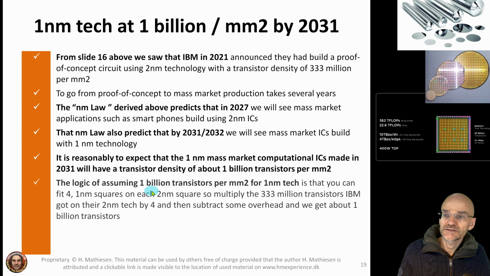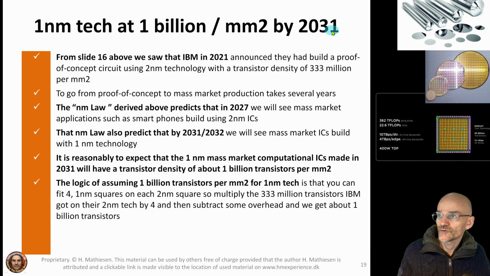The reason I think that's reasonable is that you can fit 4 1 nanometer squares on each 2 nanometer square. So you just multiply the 333 million transistors that IBM got on their 2 nanometer tech with 4, and then you subtract a little bit for overhead, and we get this nice round figure of 1 billion transistors per square millimeter.